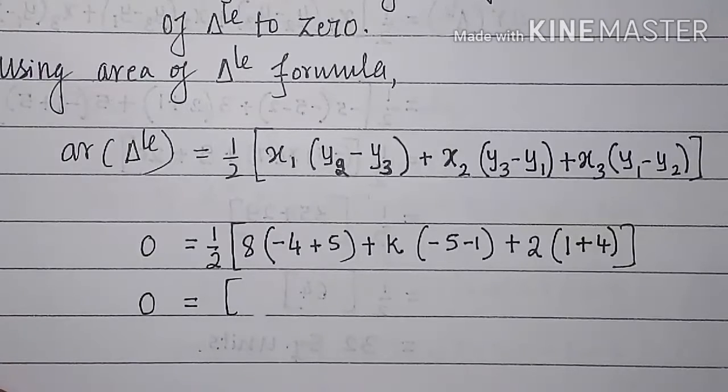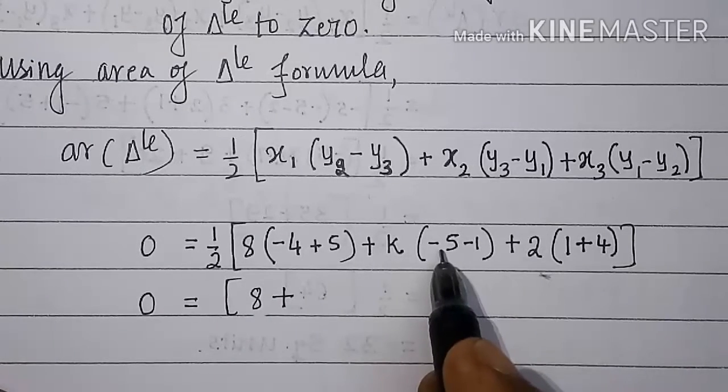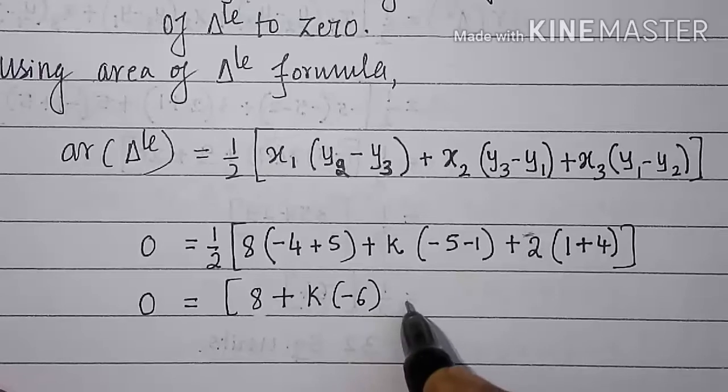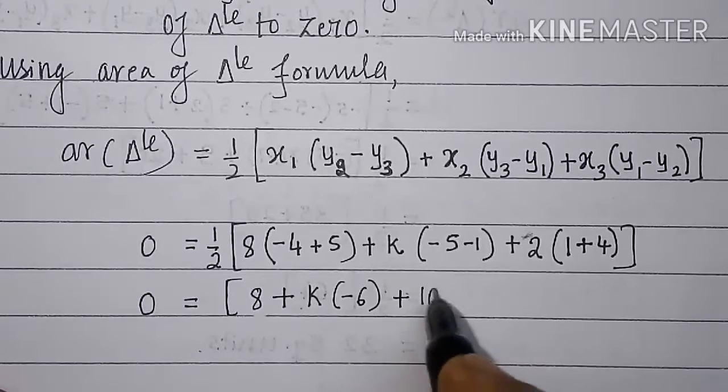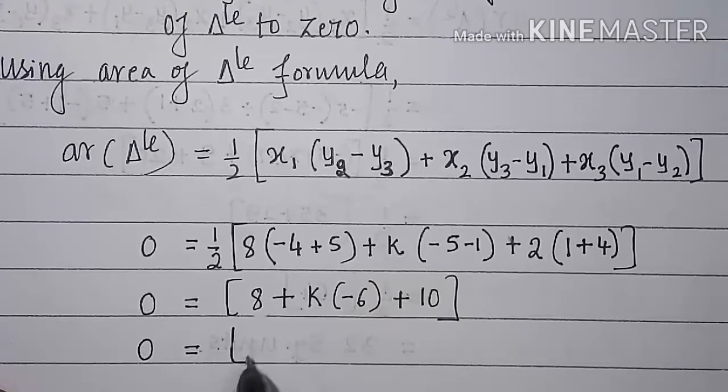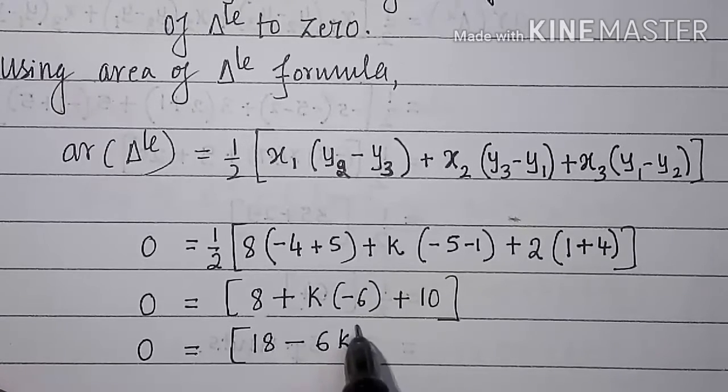Here inside the bracket 8 plus k into minus 6 plus 10, 0 equal to 18 plus k into minus 6, that is minus 6k.